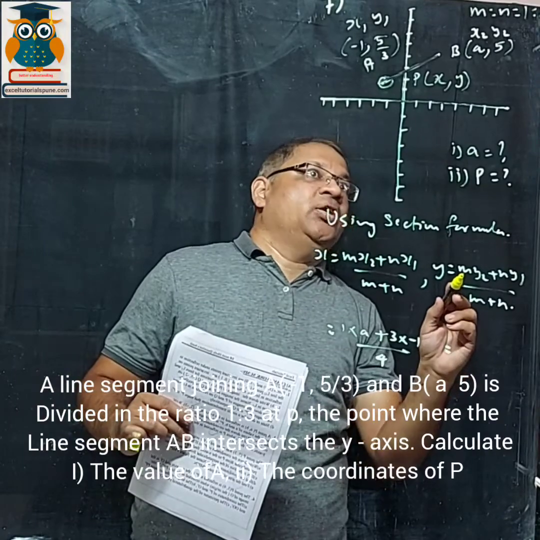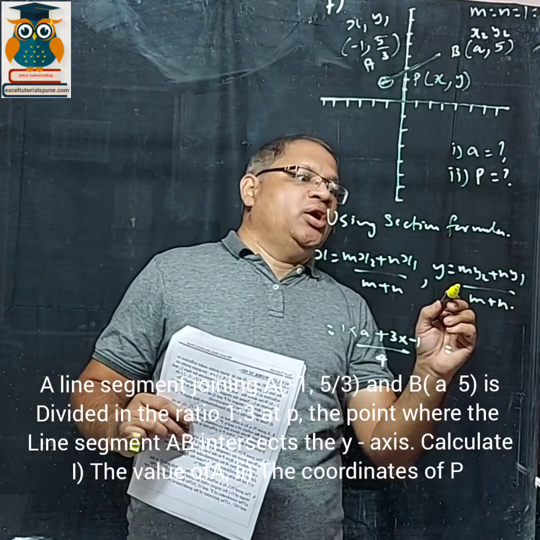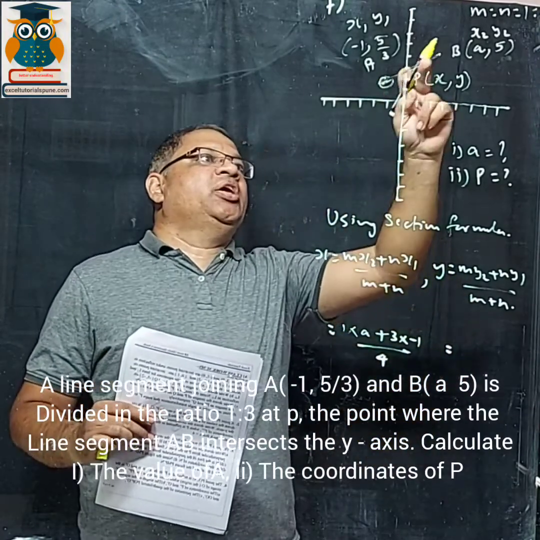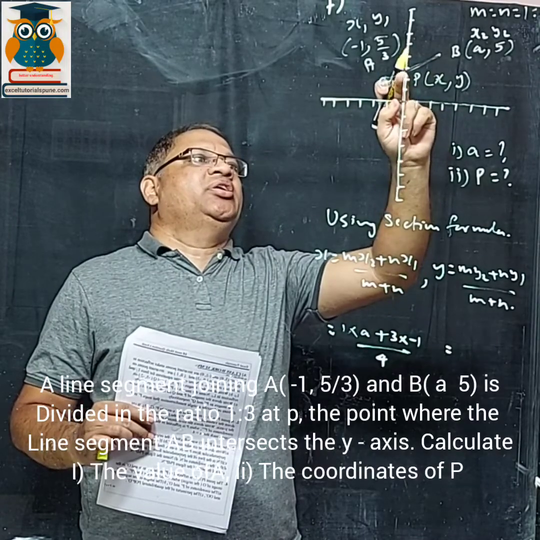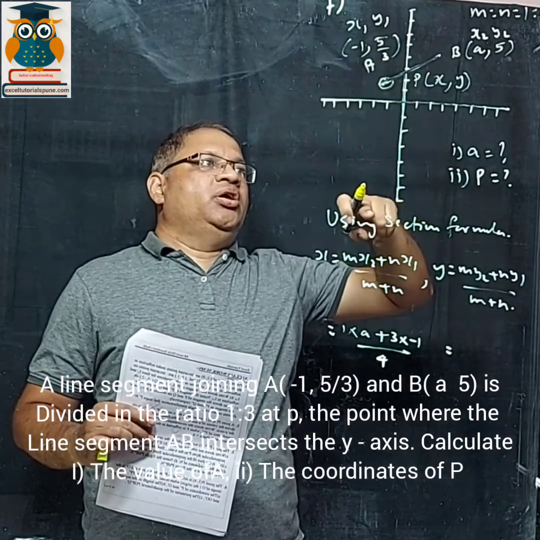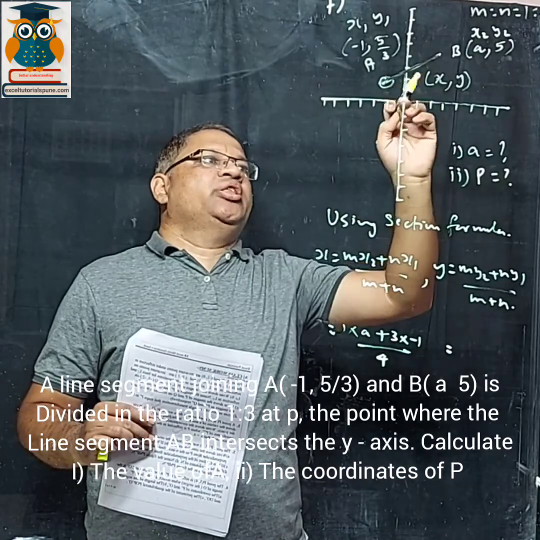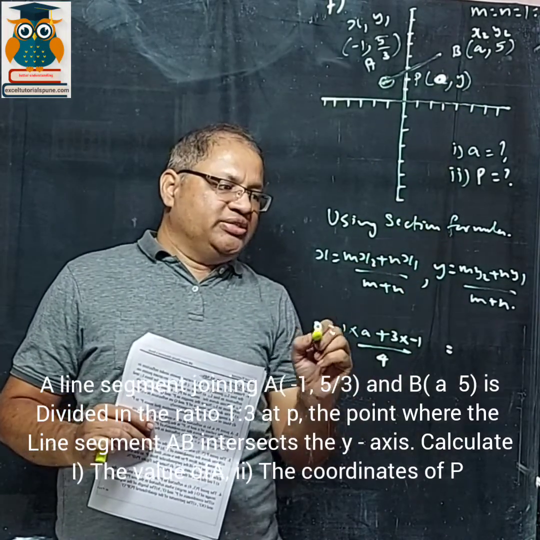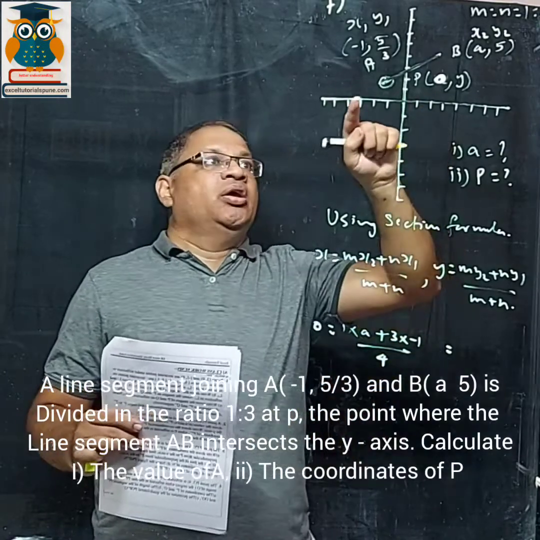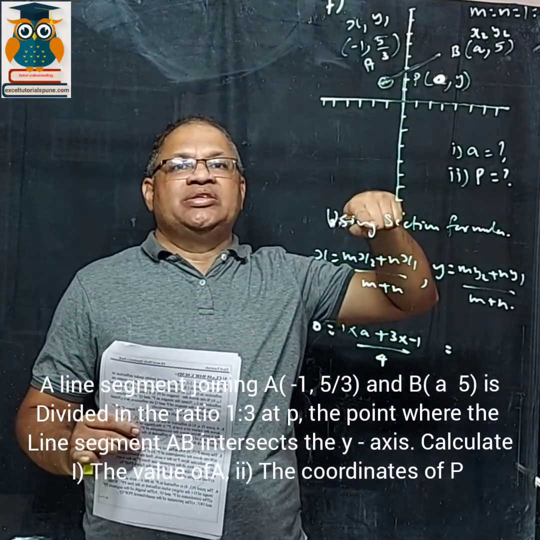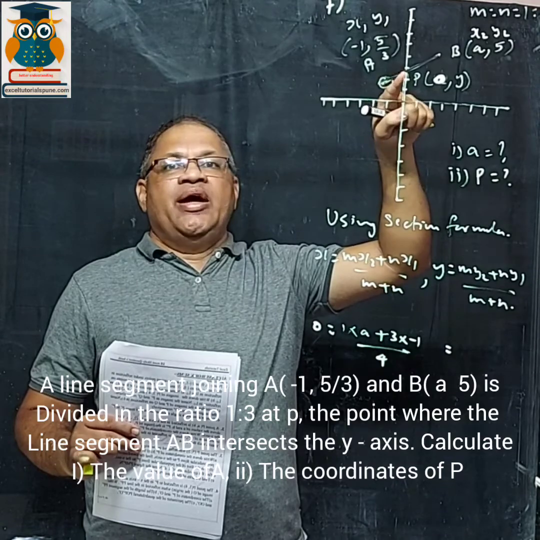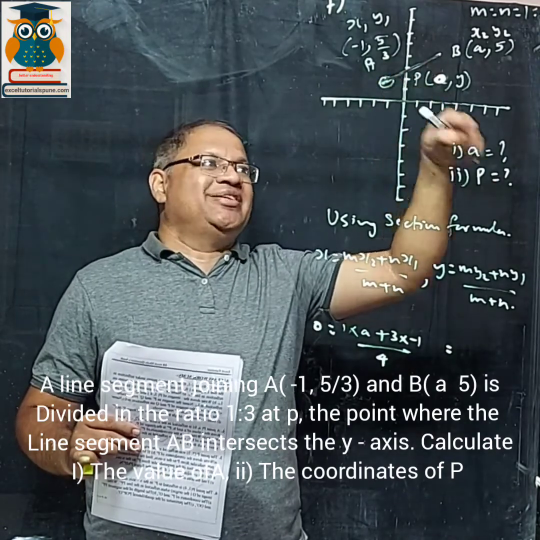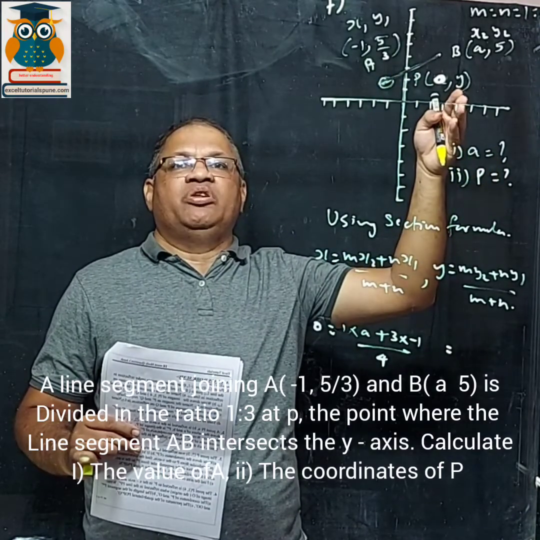Likewise, now over here, P, AB intersects the y-axis. So then in that case the x coordinate will be 0. So here you have to take 0. Okay, remember that AB is intersecting the y-axis. So in that the x will be 0. If AB is intersecting the x-axis, then in that y will be 0.